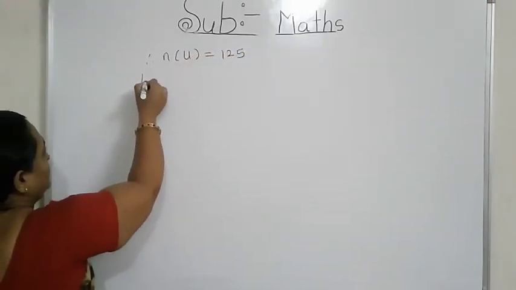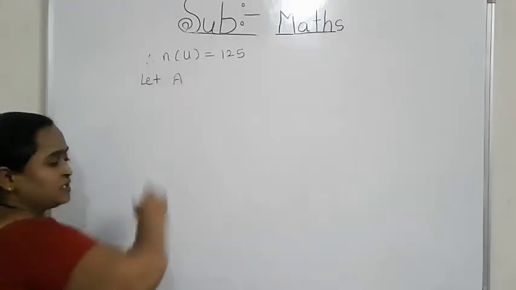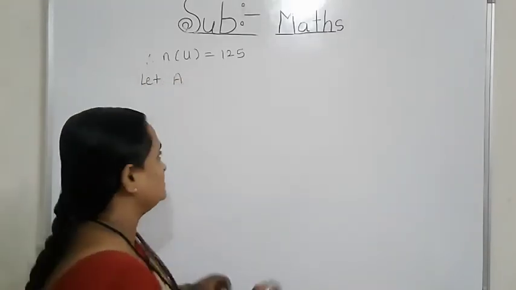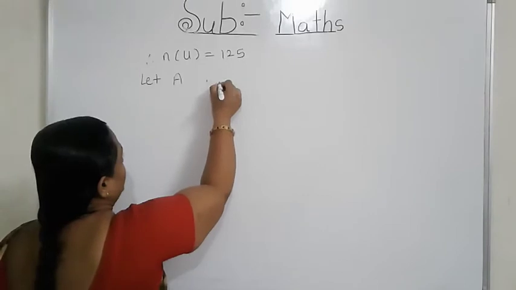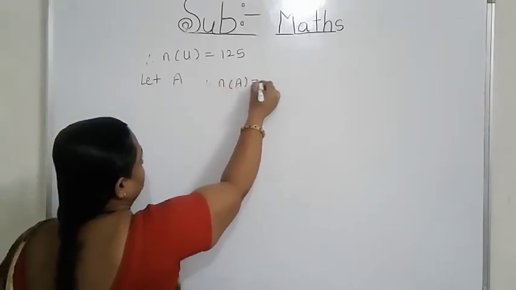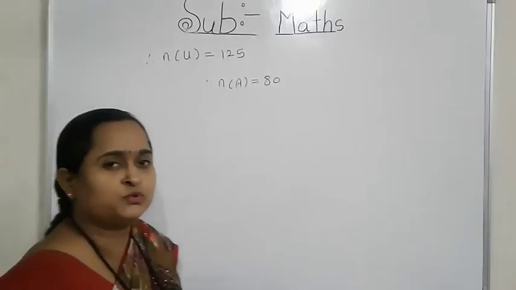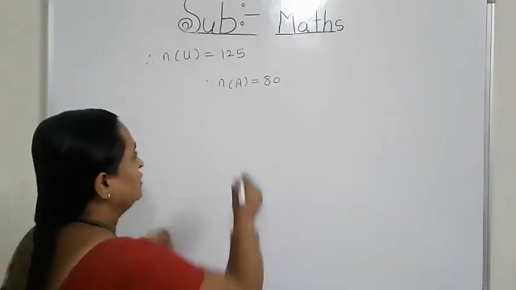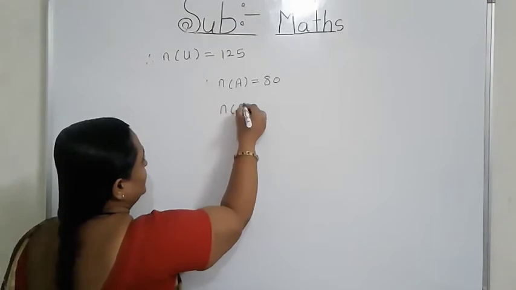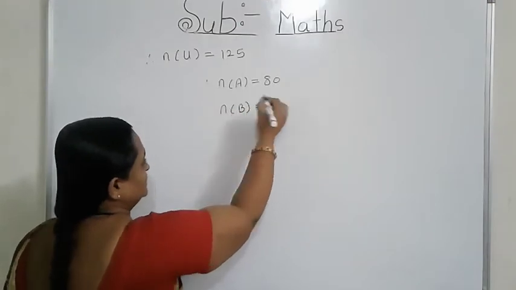Next, let A be the set of students who drink tea. Therefore we can write n of A is equal to 80. Next, B be the set of students who drink coffee. Then we can write n of B is equal to 60.